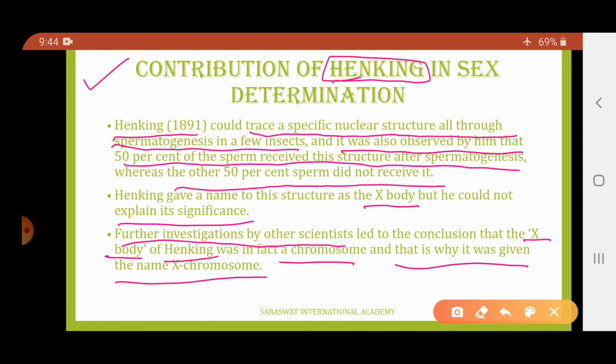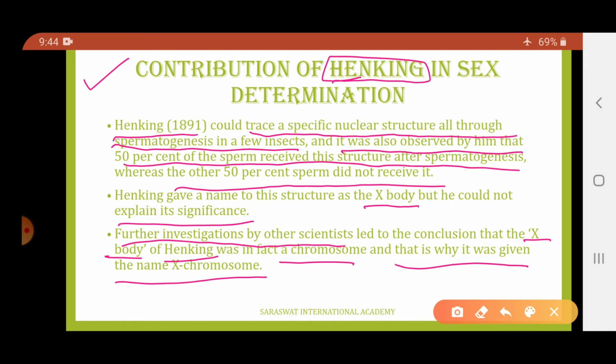So basically, what was the contribution of Henking in sex determination? Henking observed in a few insects a particular nuclear structure, and during spermatogenesis he observed that 50% of the sperms received that structure and 50% did not.